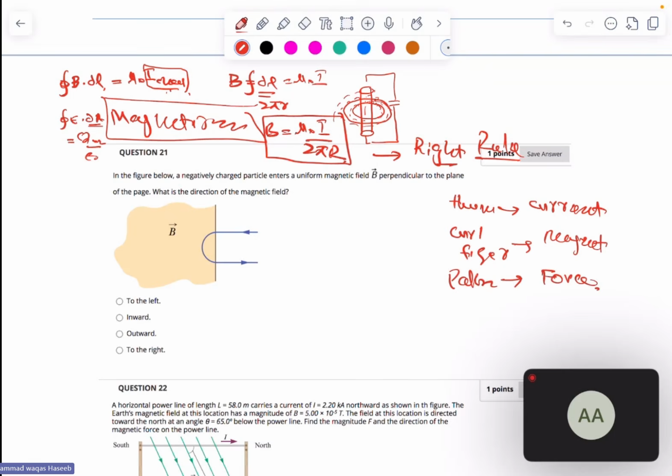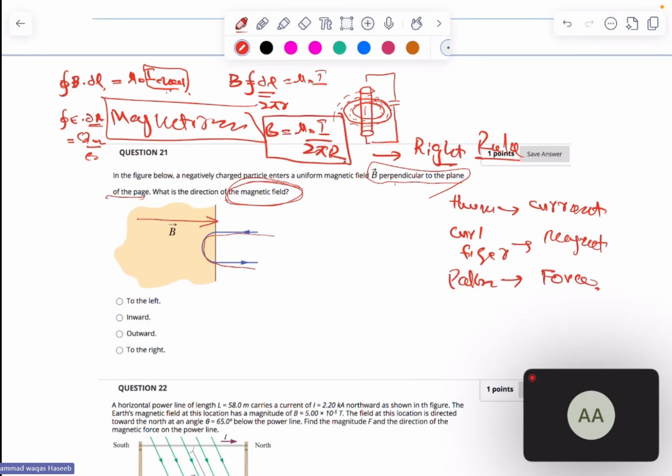Okay, so if you see this diagram, the particle is entering in this part, and the magnetic field is in this direction. In the figure below, a negatively charged particle enters a uniform magnetic field perpendicular to the plane of the page. What is the direction of the magnetic field?